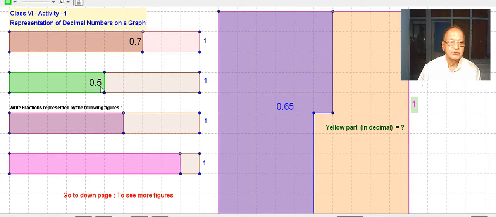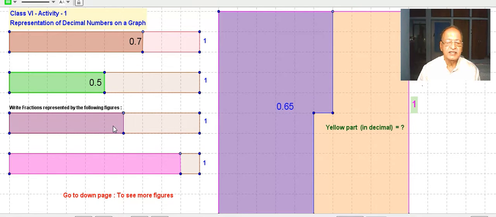In fractional value, this way I have done it, and here you can select what is the number. Let us count 1, 2, 3, 4, 5, 6. Can anybody tell me the answer? Simply 0.6, means 6 out of 10.